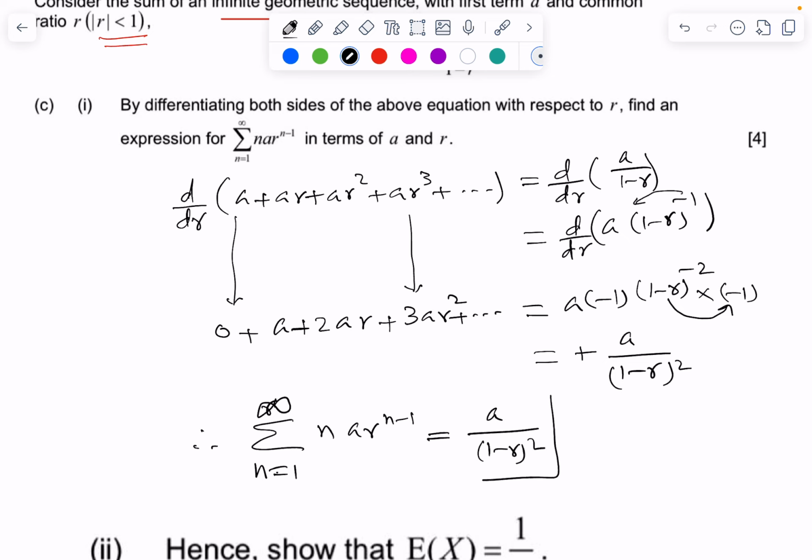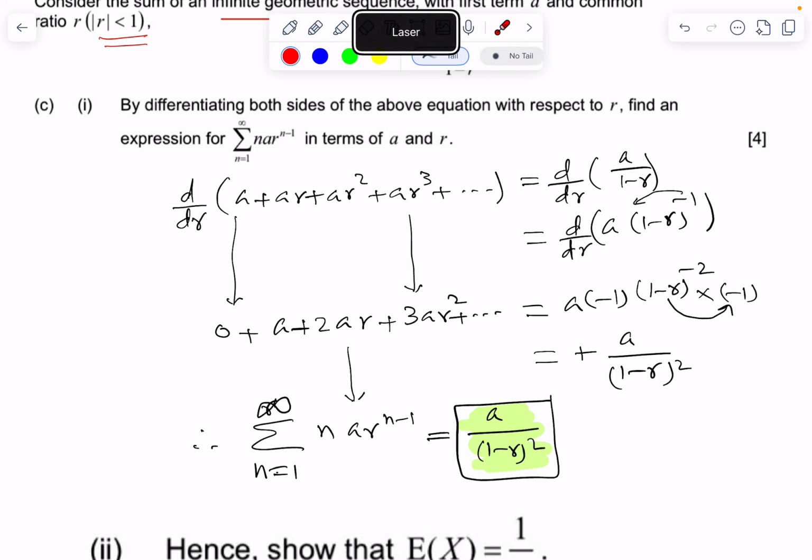So this is the answer of part 1 of C, because this is the differentiation we have found. n is the number 1, 2, 3, 4. Like that we are going to get all the multiples from the power. So 1, 2, 3, 4, 5, 6 is represented by n.